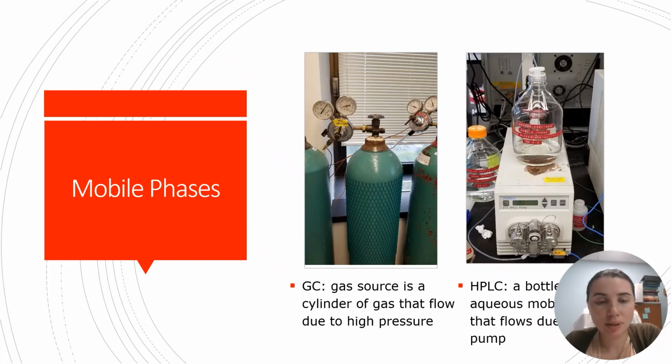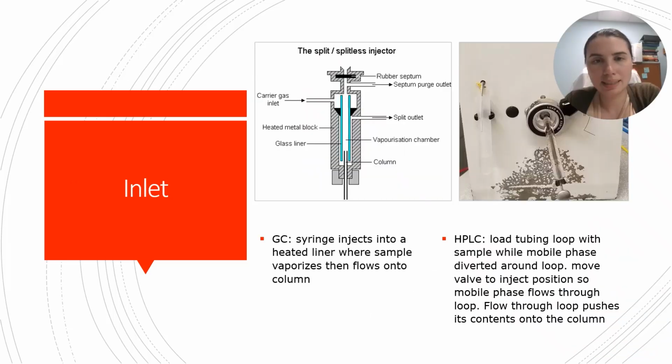So going one by one, for mobile phases, in a GC, your mobile phase will come from a gas cylinder. For an LC system, you'll often see these solvent bottles sitting on top of LC stacks. The inlet, for the GC: your syringe injects your sample into a heated liner where it vaporizes and then flows onto the column.